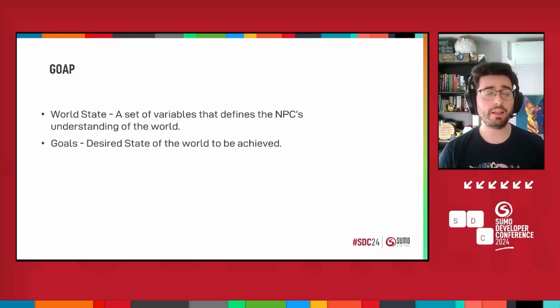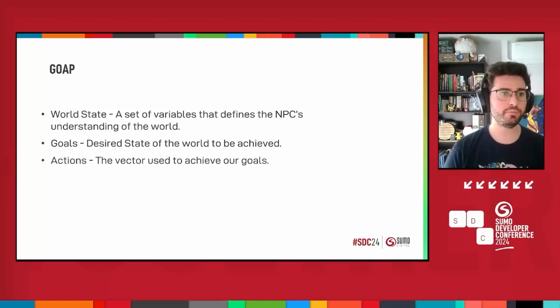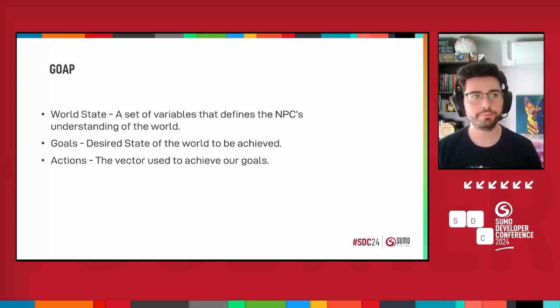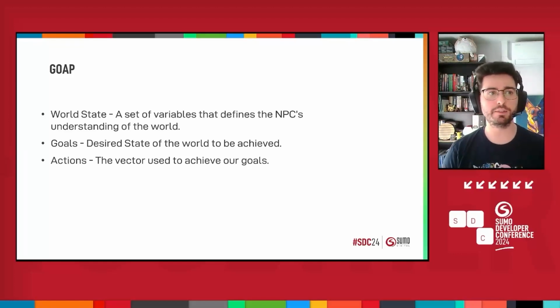Goals. Everything runs back to world state, and our goals are just trying to pursue a very specific world state. As in, our goals will define certain variables that we want to have changed in the current world state. And our actions are how we go about actually achieving our goals and impacting the state of the world.